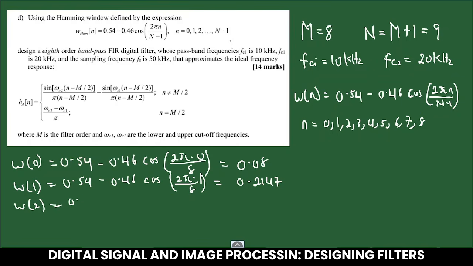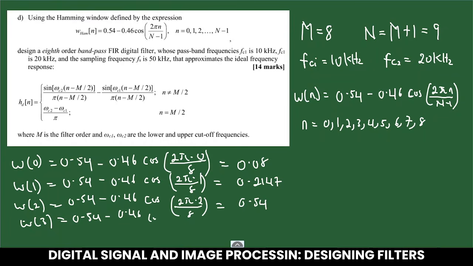We do the same for W2, 0.54 minus 0.46 cos 2 pi times 2 all over 8. This one will give you 0.54. W3 is equal to 0.54 minus 0.46 cos 2 pi times 3 all over 8, which is equal to 0.5652.